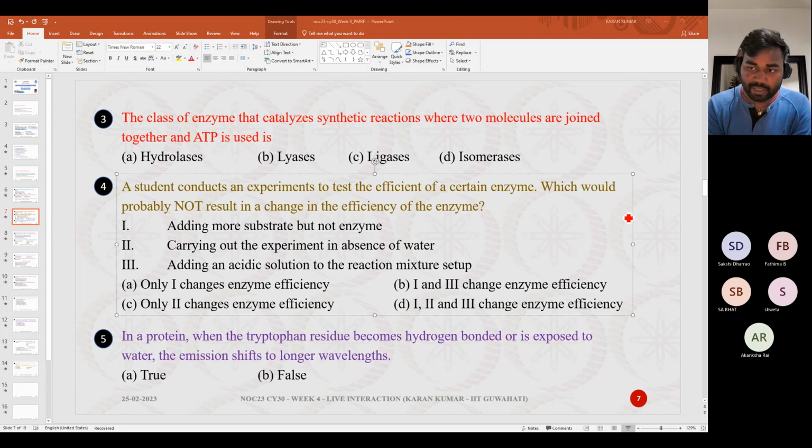That means it will operate at its maximum velocity. The reaction velocity will be maximum. These are the assumptions of Michaelis-Menten kinetics. Now, if substrate concentration is much less than the Km, then the initial velocity of the reaction will be directly proportional to the substrate concentration.